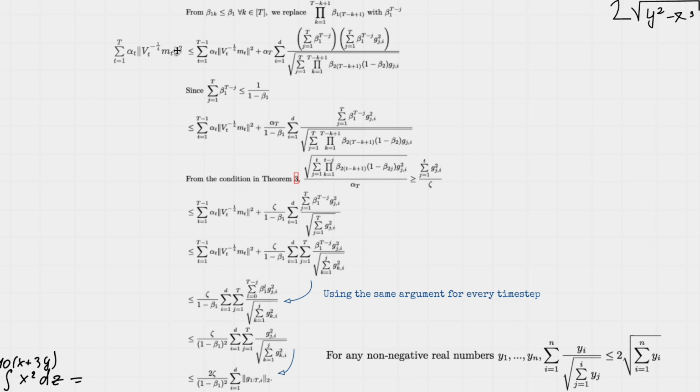Since beta 1k is smaller than beta 1 for all k, we can replace the product with beta 1 to the power of t minus j.